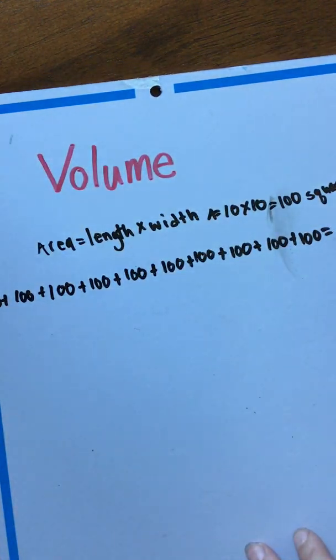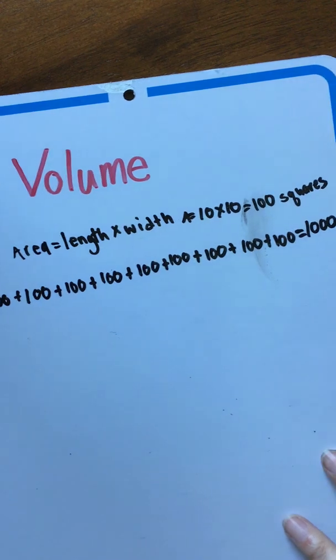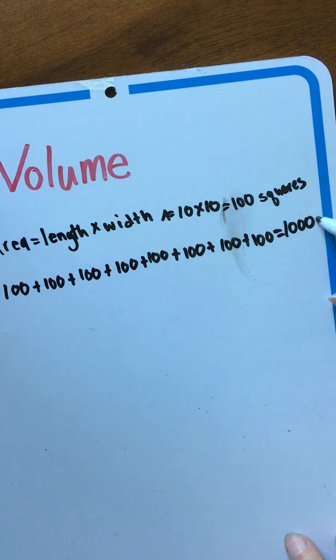Okay, and we know when we add all of that up we get one of these guys. We know that's 1,000 squares, or 1,000 little cubes in this case.